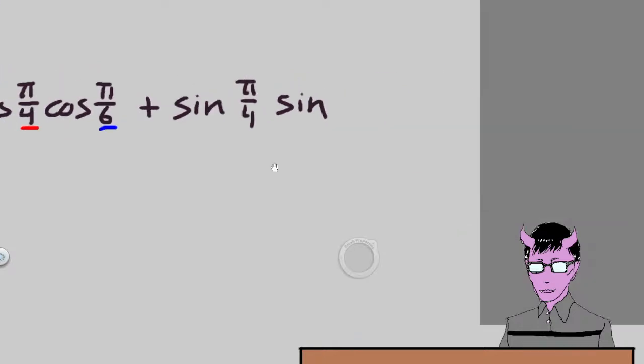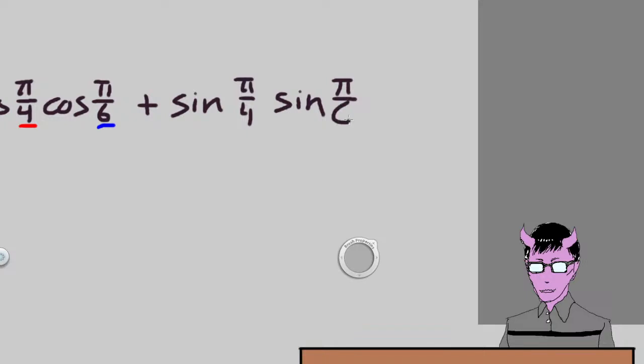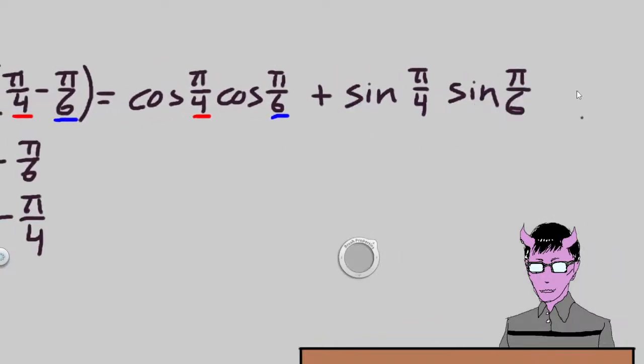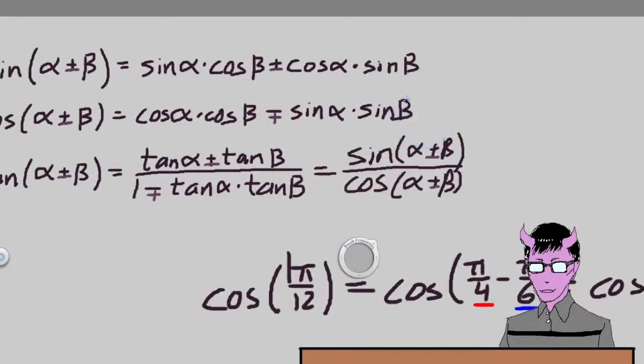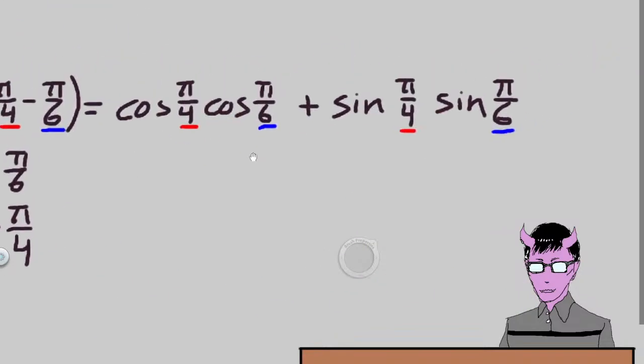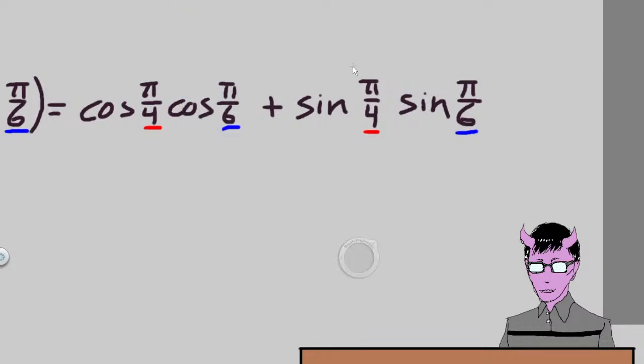And the pi over 6 is second, putting it right there. So that is using the expansion property. Cosine, keep the same trig functions together. You have to flip the sign because this is not the cosine one. I mean, this is not the sine expansion property.